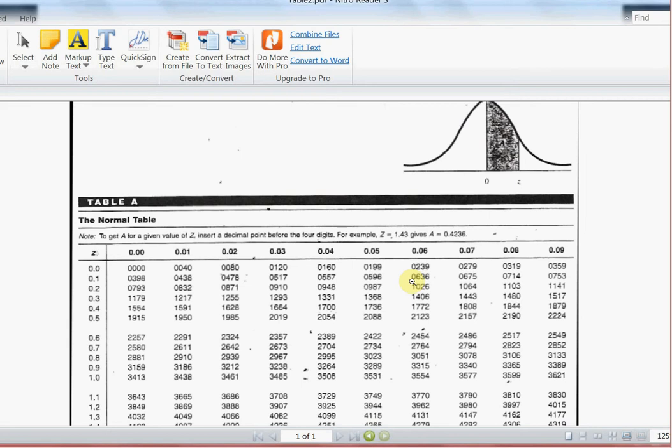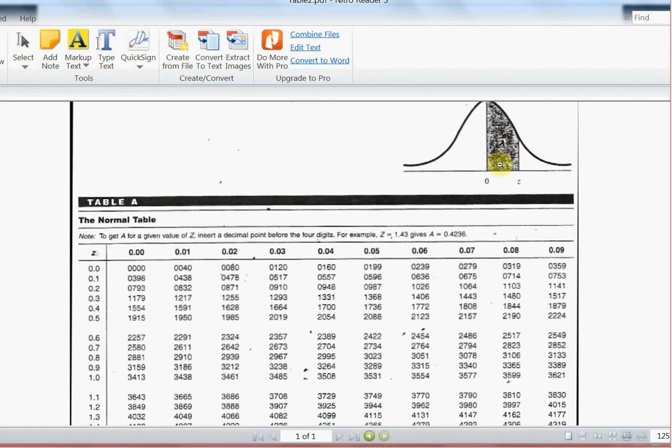0.0636. In other words, 6.36%. Now, again, 6.36% refers to the area that starts from the mean toward the point. So now, from the mean, from 0 to a z-score 0.16, this percentage is 6.36%.